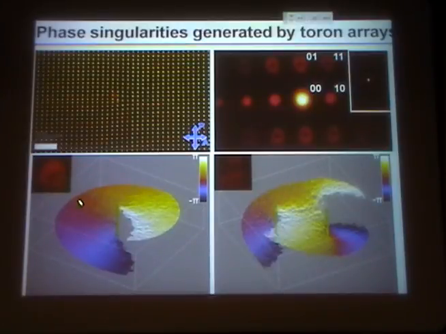Now we can probe the phase corresponding to such diffracted laser beams, and here you can see the phase plotted in a three-dimensional plot and visualized also using colors. And indeed we have nothing else but a screw dislocation in the phase of light.